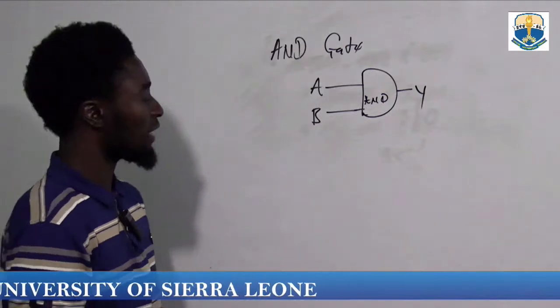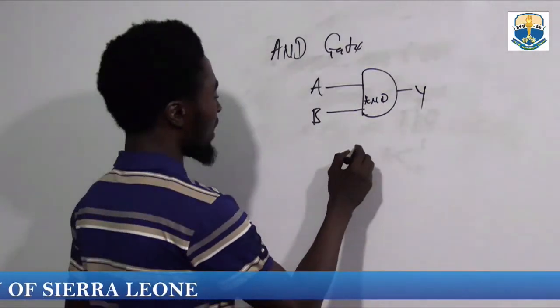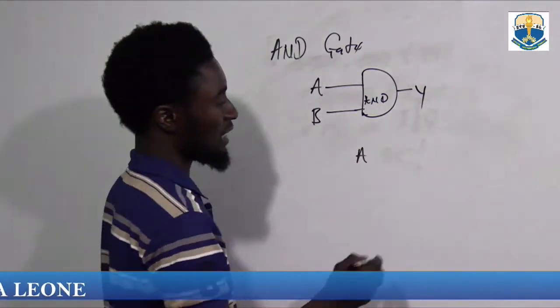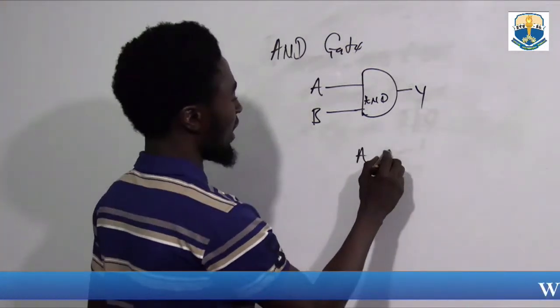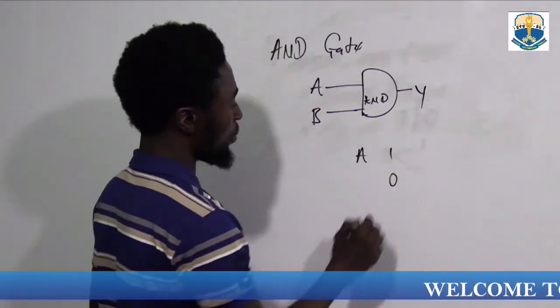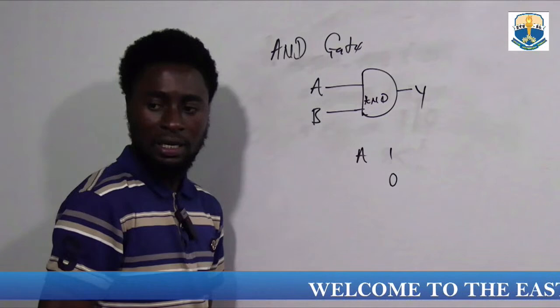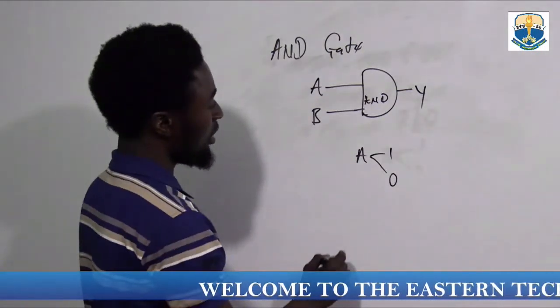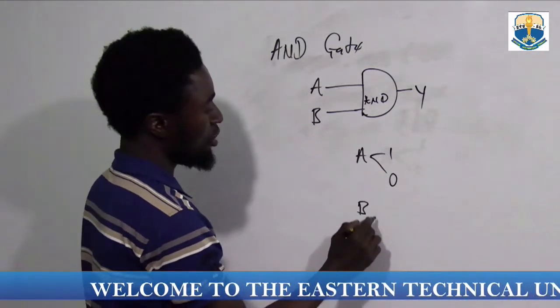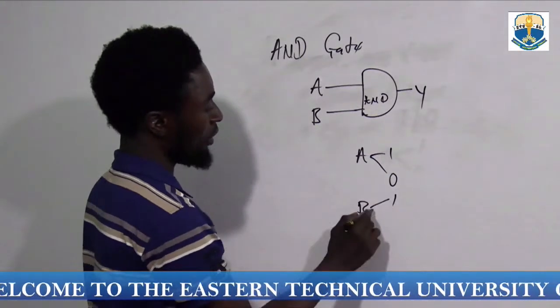Input A is expected to be either in the 1 state or the 0 state, and input B is also expected to be in a 1 or a 0 state.